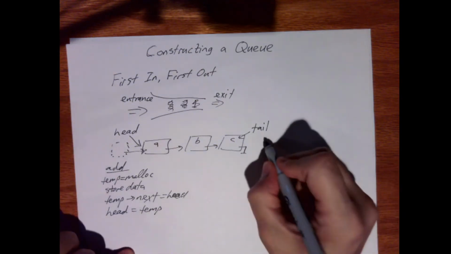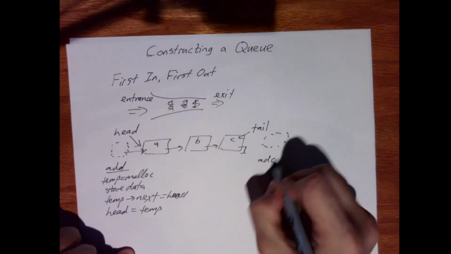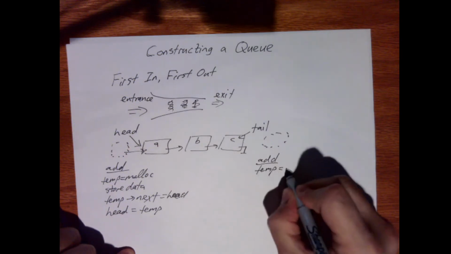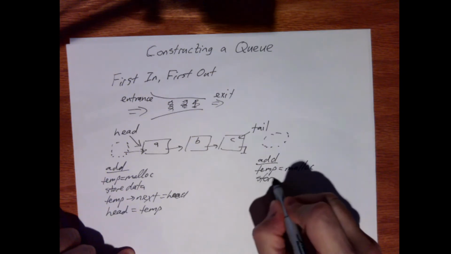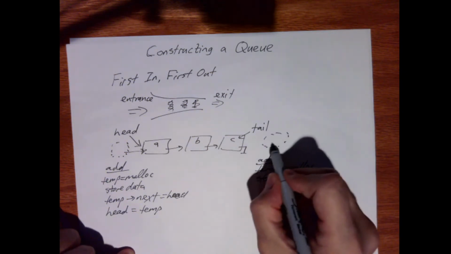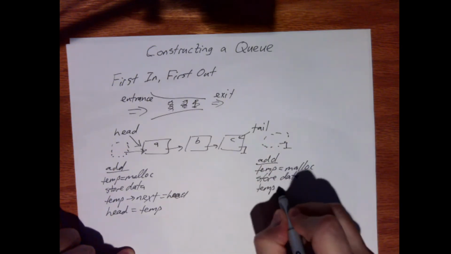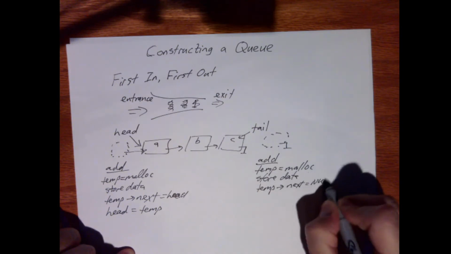Well, if we add to this end, so here's where I'm going to think the node will be. Once again, I have temp equals malloc. I'm going to store my data. Now I need to set the next here to null. So temp next is equal to null.